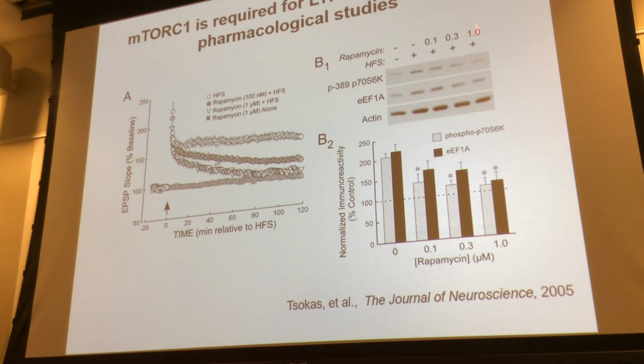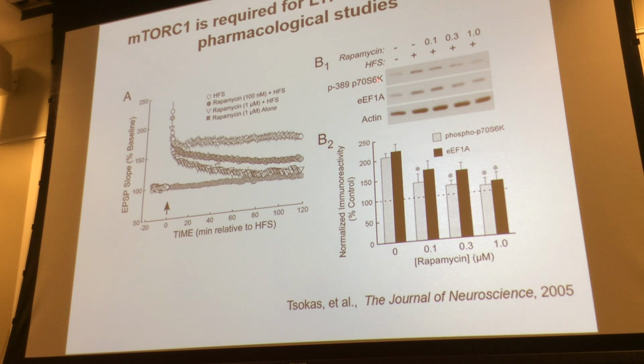And here, just to show you some Western data, when you have HFS, high frequency stimulation, which induces LTP, which you can just consider as inducing memory. If you're not very familiar with electrophysiology, you can see all these mTOR components, for example P70 S6 kinase.